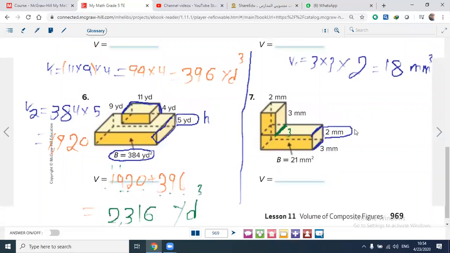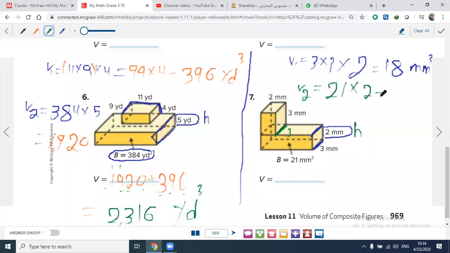So I have to multiply 21 times 2. So the volume 2 would be like this: base times height, 21 times 2 equals what? 42.